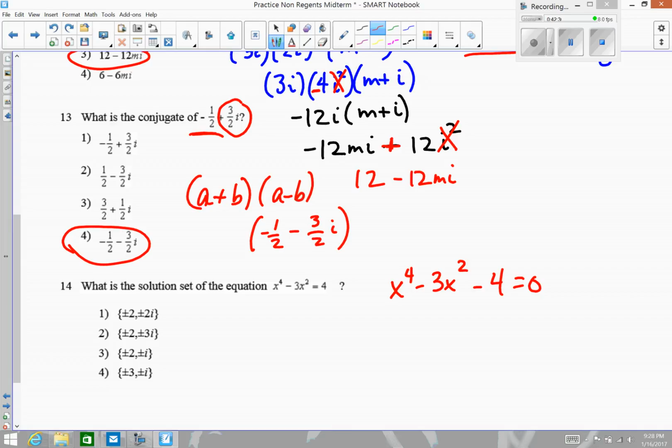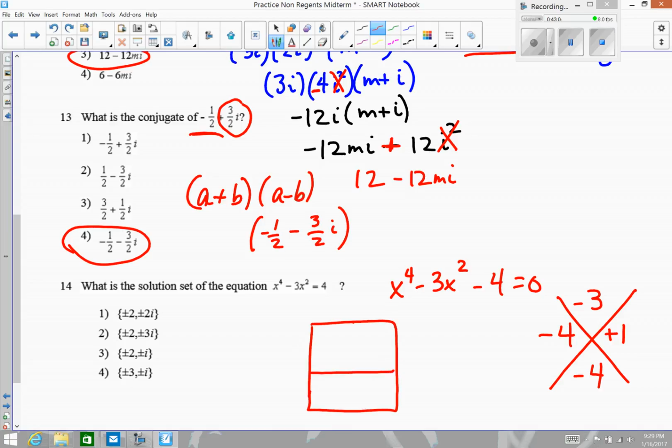And then the next thing I want to do is count my terms and look for a GCF first, but I know there's no GCF. So three terms. I'm going to try x factoring. I want two numbers that add up to negative 3 and multiply to negative 4. Let's see, that would be negative 4 and positive 1.